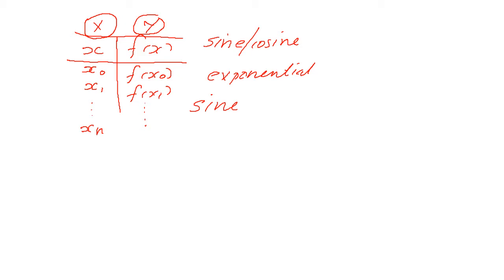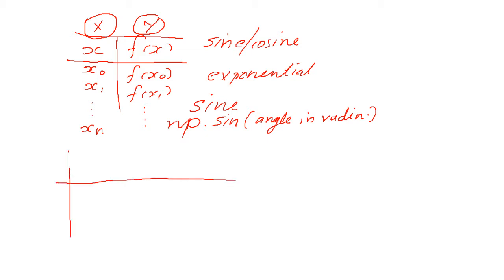We know that in NumPy module there is a built-in function, sine, whose argument is angle, and this angle must be in radian. So this function will return the sine. Suppose you wish to plot sine versus some angle, say theta versus sine theta.